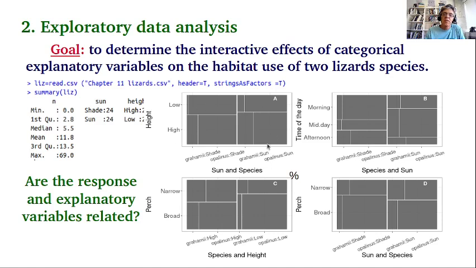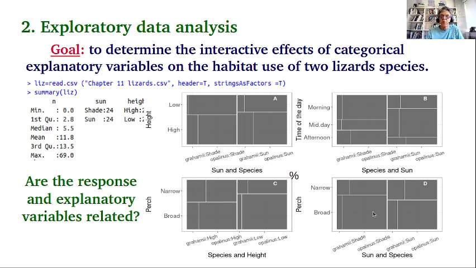What we have here is an area that is proportional to the counts. If there were no interactive effects of this combination of the two explanatory variables and the third variable, the areas of these four squares, 1, 2, 3, and 4, would be exactly identical, and they are not, suggesting that there is interaction between some of these explanatory variables.